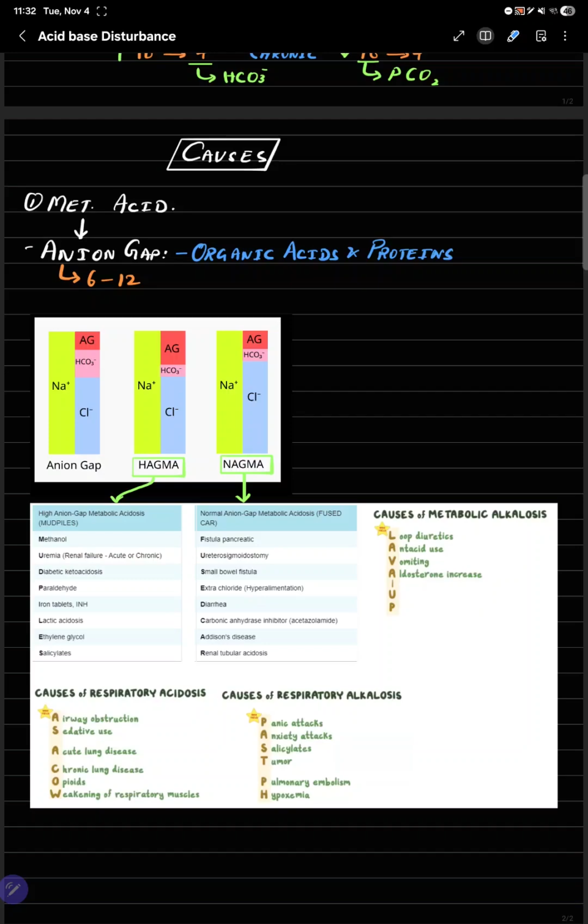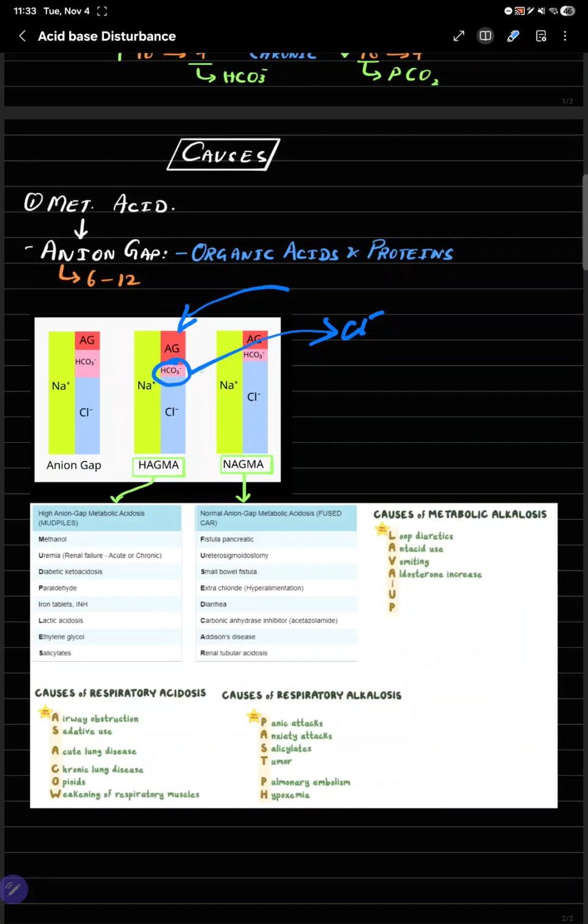In high anion gap metabolic acidosis, there is a loss of bicarbonate which occurs in such a way that it cannot be exchanged with chloride ion. Therefore, the loss in bicarbonate will be compensated by some other ion which is entering the bloodstream, which is usually not measured.